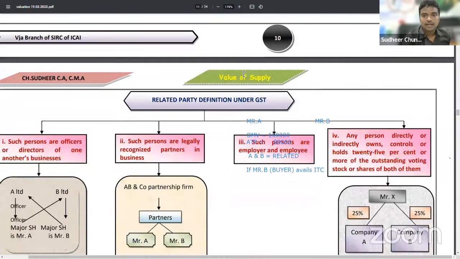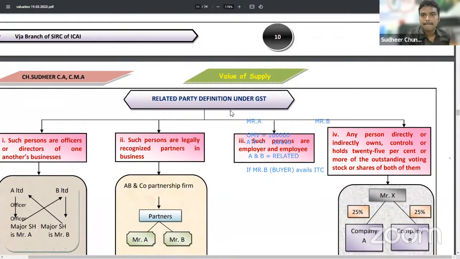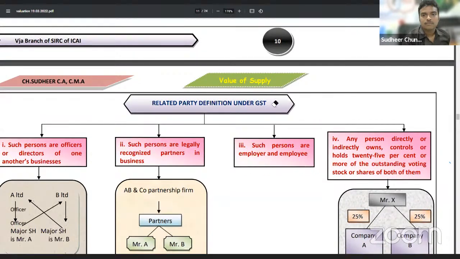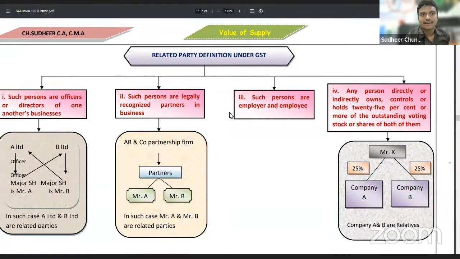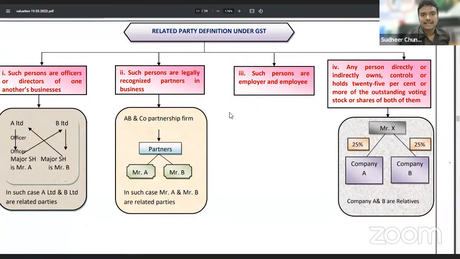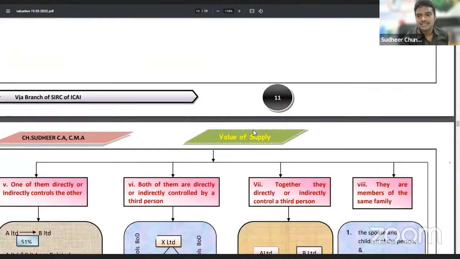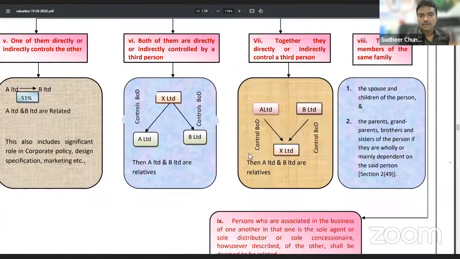Next, coming to the next one. Here the relative definition is given. The definition of the term related person I have specified here on the next page. In total, 9 relations were given: 8 plus 1.